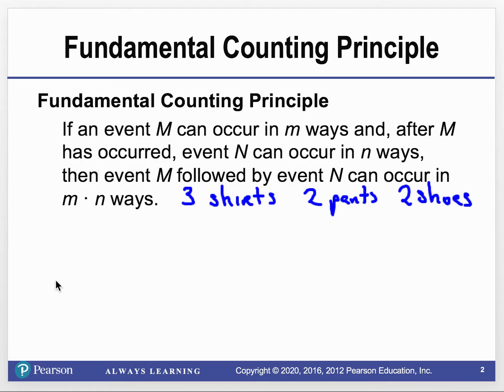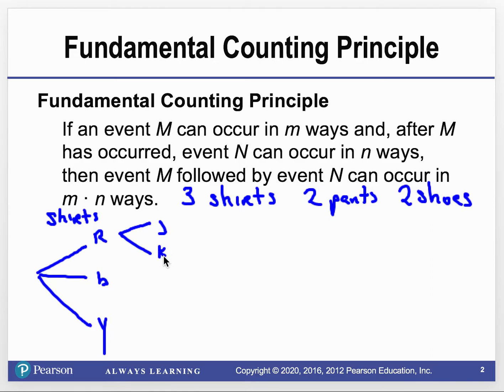We could go back to our tree diagram, right? Let's see, this is our shirts, and I have a red shirt, a blue shirt, a yellow shirt. And then if I had 2 pair of pants, let's say I have jeans and khakis. With each one of these, I have jeans and khakis, and 2 pair of shoes.